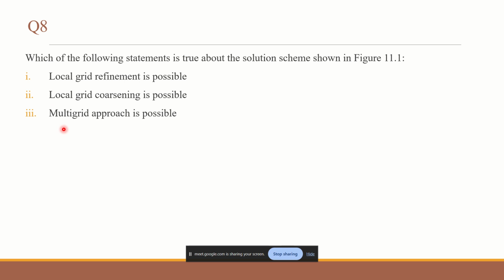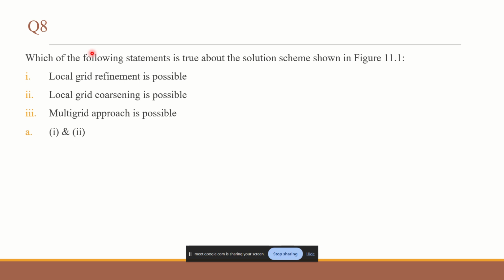Third one, multi-grid approach is possible.